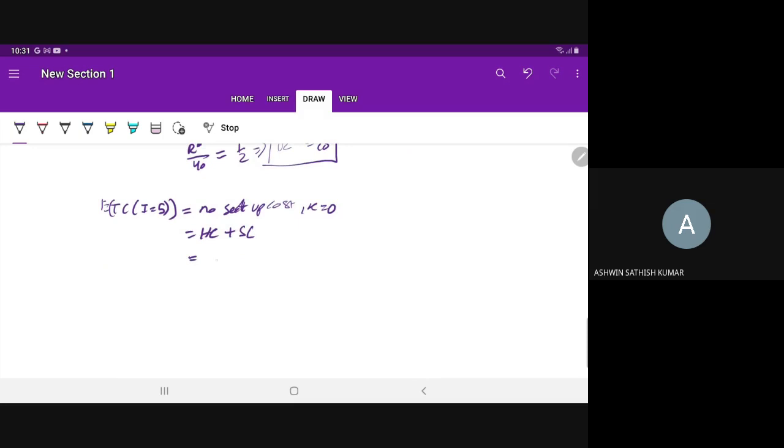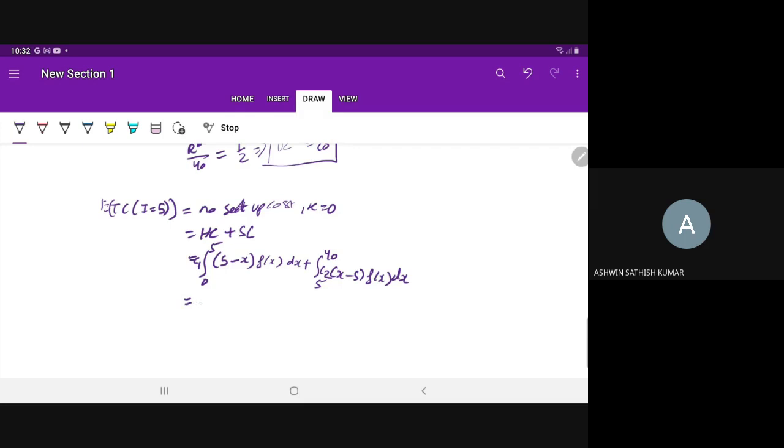If the initial inventory 5 is greater than the demand, it is the integral from 0 to 5 of C1 times (5 minus x) times f(x) dx, because that is the item you have to hold when the demand is lesser than the available inventory, plus the integral from 5 to 40 of (x minus 5) times f(x) dx times C2, when demand is greater than the available items.